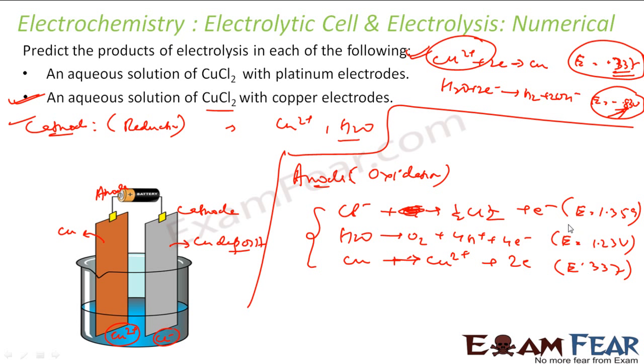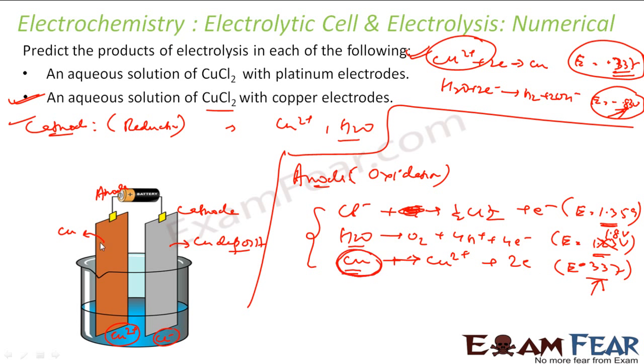What does this imply? This implies that 0.337 volt of electricity is required to oxidize copper. 1.23 volt, and actually if you add oxidation overpotential, this becomes 1.8 volt. 1.8 volt current is required to oxidize water. 1.3 volt current is required to oxidize chlorine, but only 0.337 volt current is required to oxidize copper.